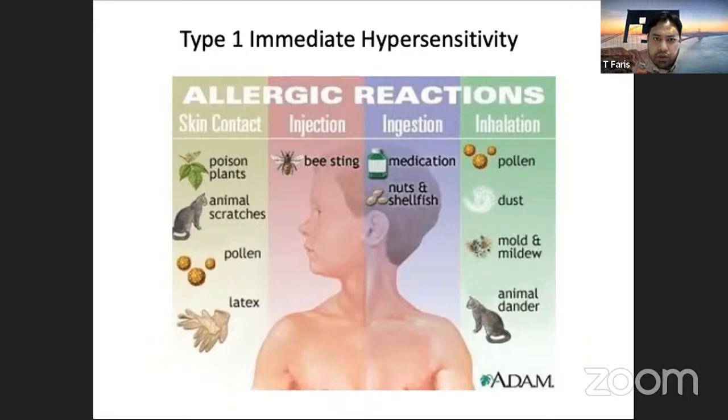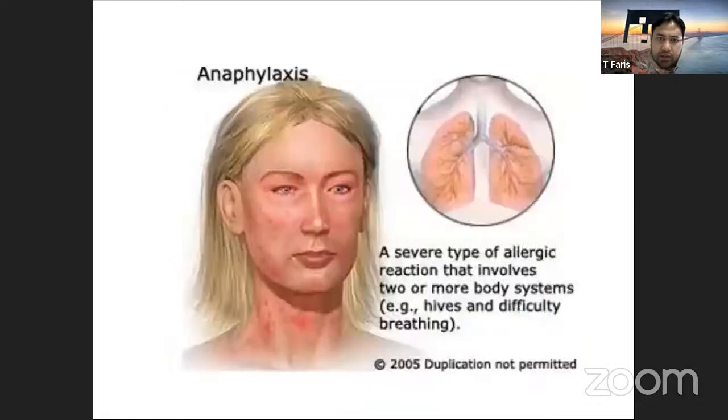Or it can be due to injection, like a bee sting, or ingestion of some antibiotics, penicillin-based antibiotics, the broad-spectrum amoxicillin for example, nuts, shellfish, almonds, peanuts. They all can cause these allergic reactions. This is just an example, and you can see the development of hives, difficulty in breathing, and some of these reactions that can occur.